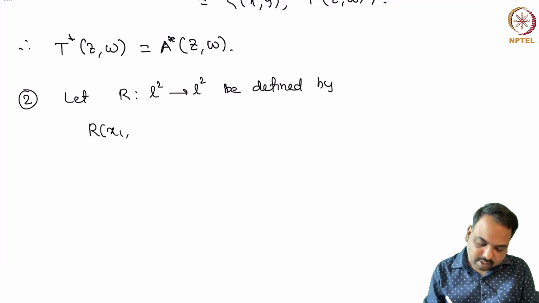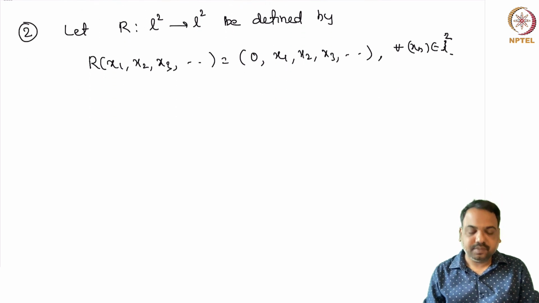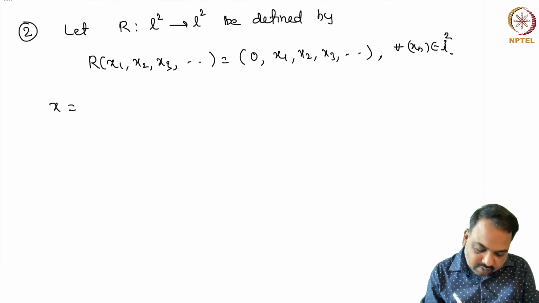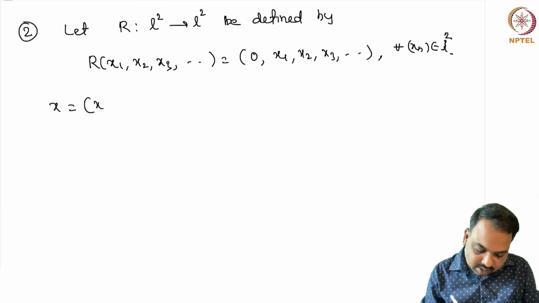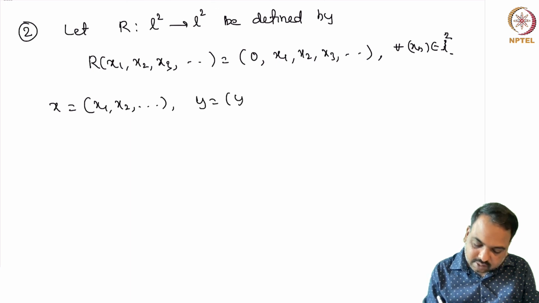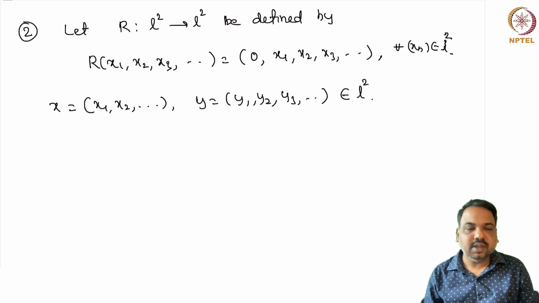R of (x1, x2, x3, and so on) is (0, x1, x2, and so on) for all x in l2. We want to find what is the adjoint of R. So let us take x as (x1, x2, and so on) and y as (y1, y2, y3, and so on), both in l2.